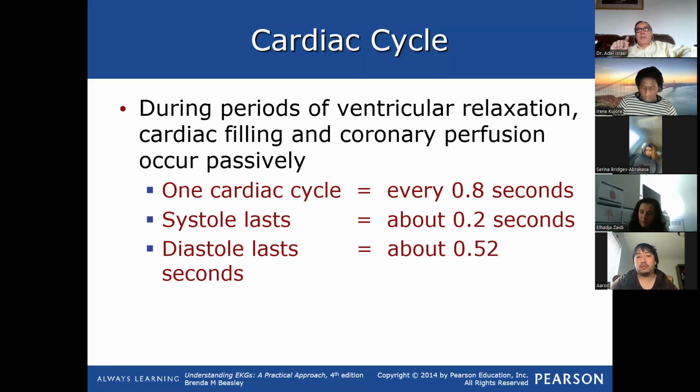One more issue: one cardiac cycle lasts 0.8 seconds. So how many cycles should be in 1 minute? We are going to divide 60 by 0.8. I will get the average, which is 75 beats per minute, okay?